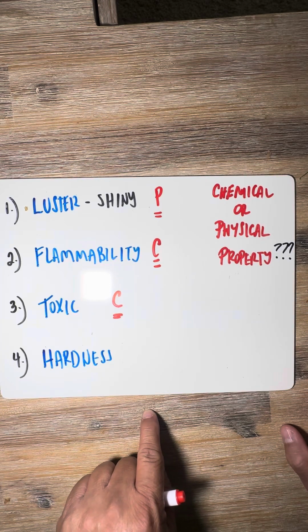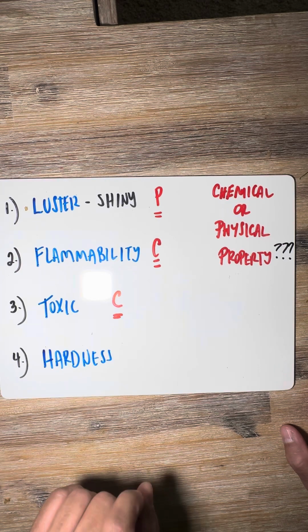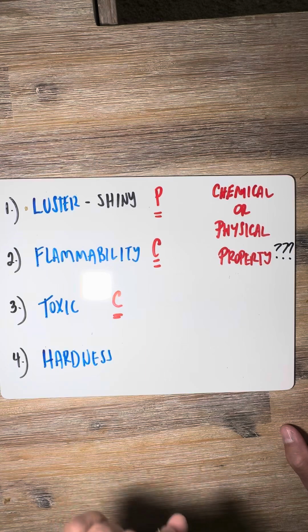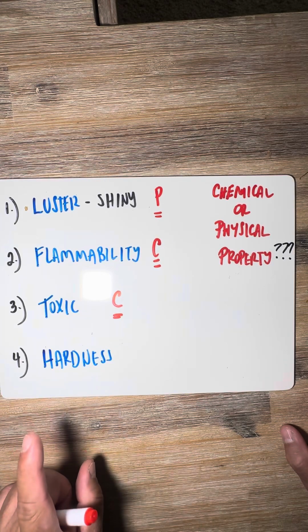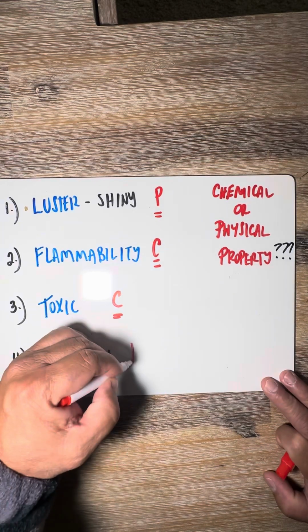So hardness is a characteristic of an object that we can actually tell by simply using our hands. We're not breaking anything down, we're simply using our hands. So that means it is a physical property.